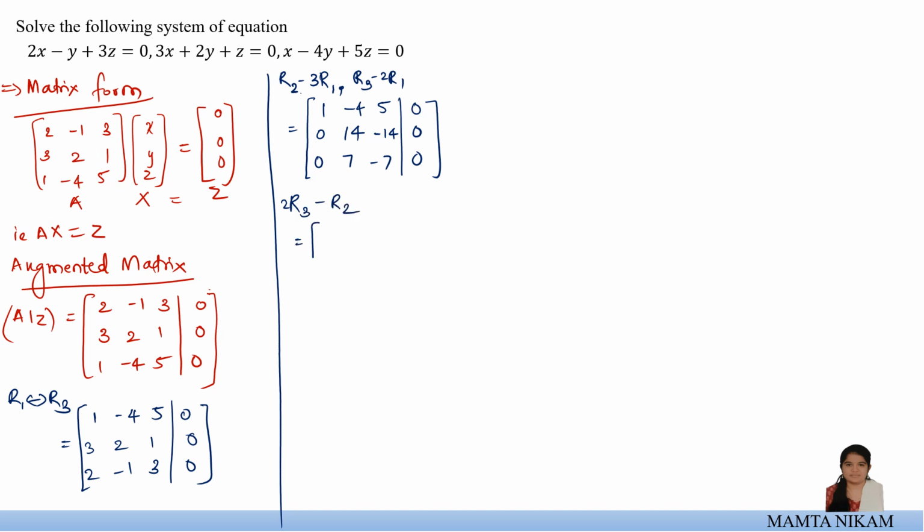So ये हो जाएगा 1 minus 4 5, 0 14 minus 14 0, 0 0 0. Also, if you want, you can perform a transformation here as R2 divided by 14. That can also be done, or you can also not do it, and later on remove it from the equation.